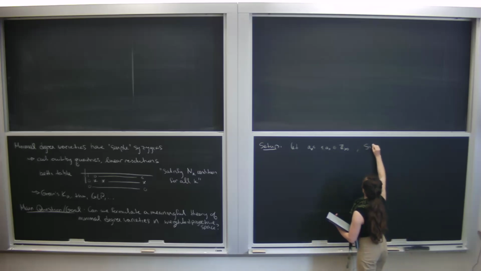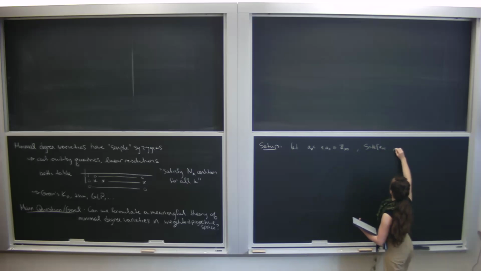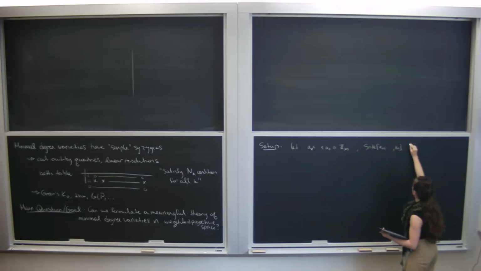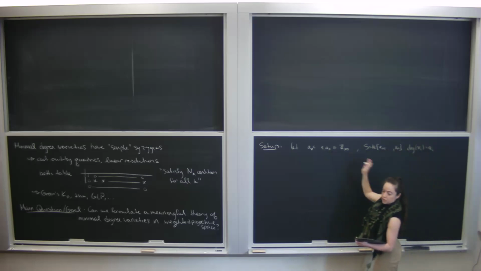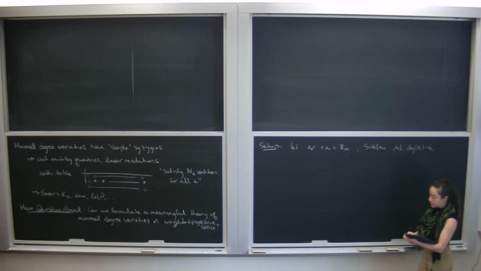So let's look at the polynomial ring in as many variables, x_0 through x_n, and I'm going to grade it by saying that the degree of x_i is equal to a_i. So I'm still Z-graded, but I'm not standard Z-graded anymore.